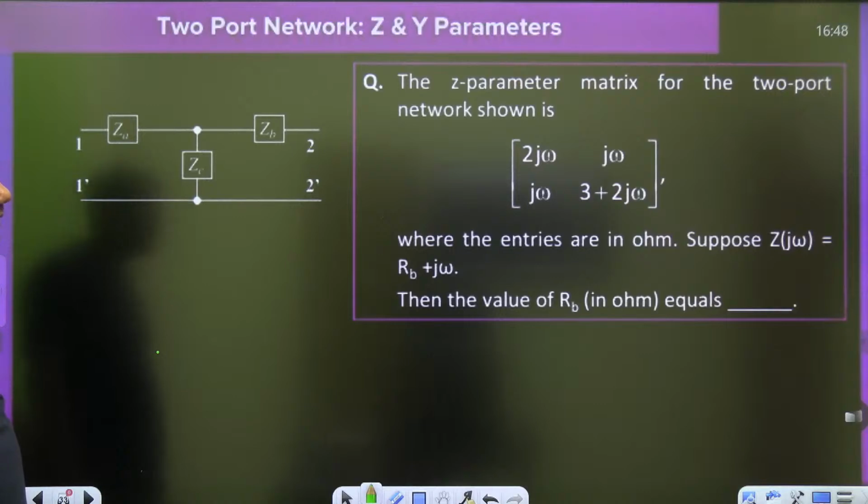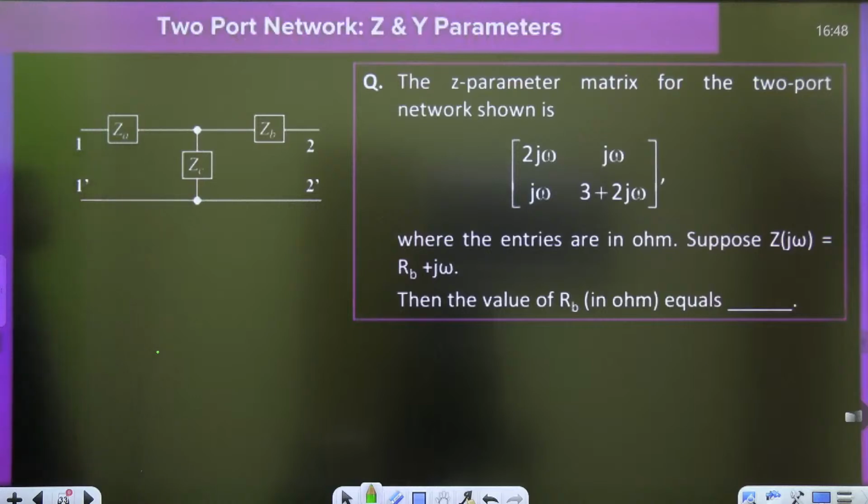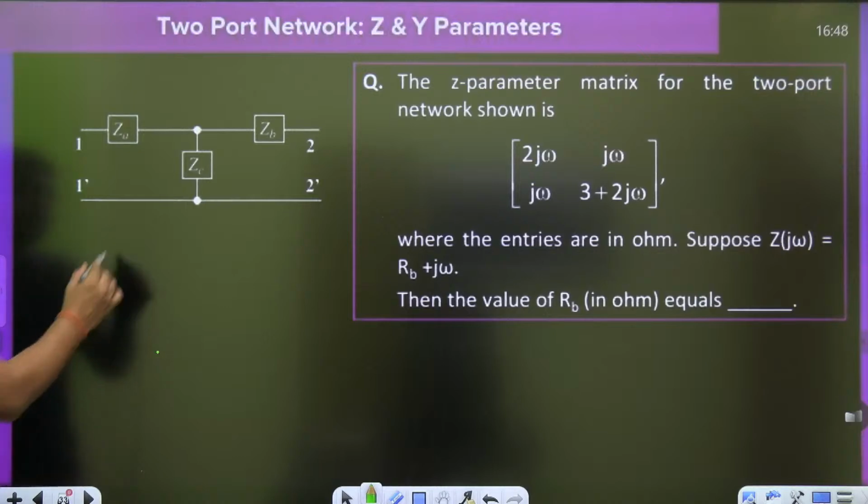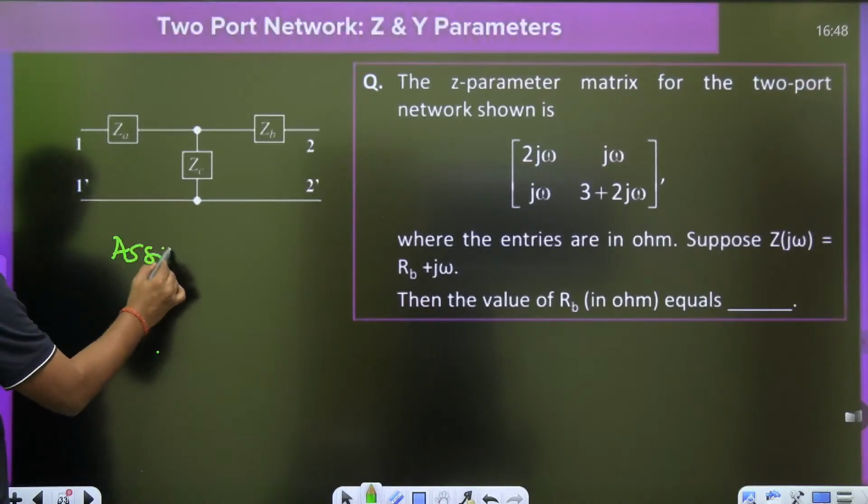RB plus J omega. Z parameters for the 2-port network. Okay, so this is the assignment, please solve it. Tomorrow I will solve it.